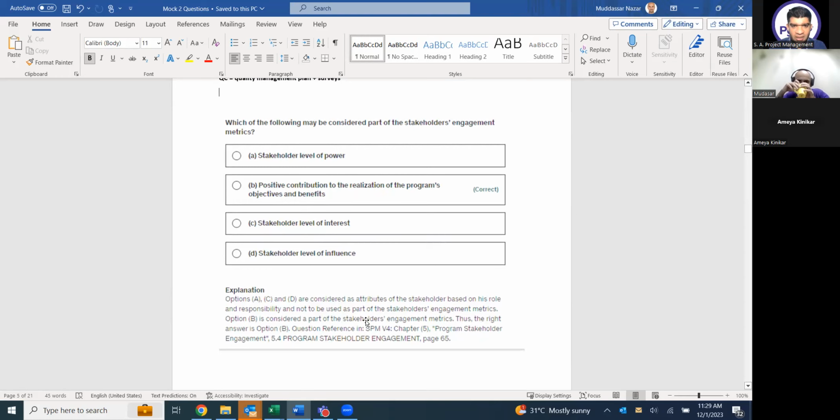Options A, C, and D are considered attributes of the stakeholder based on role and responsibility, and not to be used as part of the stakeholder engagement metrics. Option B is considered part of stakeholder engagement metrics. Thus, the right option is B.